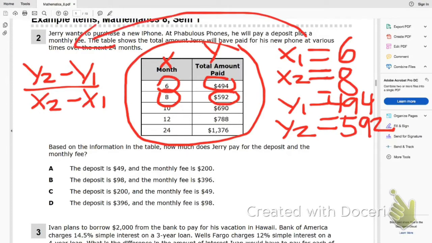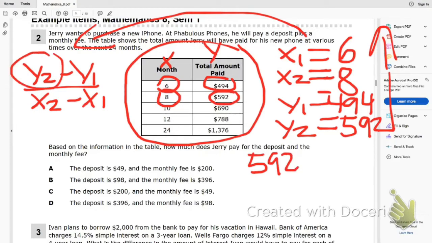You could do it several ways. You could rewrite it or erase it and then just plug in the numbers. So let's do this. Y2 is 592, so we read it from the bottom up. That is this one right here. That's 592.